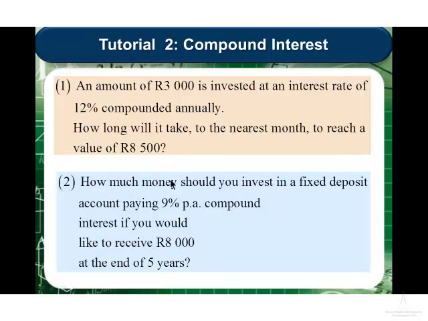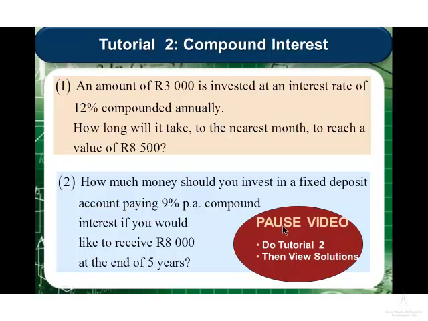In the second problem, we would like to know how much money should you invest in a fixed deposit account paying 9% per annum compound interest if you would like to receive 8,000 Rand at the end of 5 years. I suggest that you pause the video, do this tutorial, and then come back and view possible solutions.